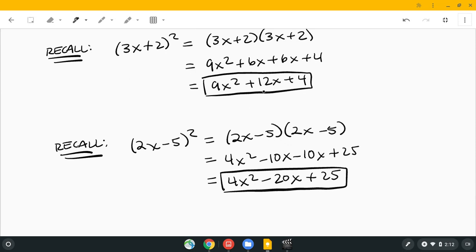Okay, so let's take a look at the middle terms. So we see here that they end up being the same, and we end up combining them. Okay, so if you notice, these terms are the product of these in here. 2 times 3x is 6x. 2x times negative 5 is negative 10x.